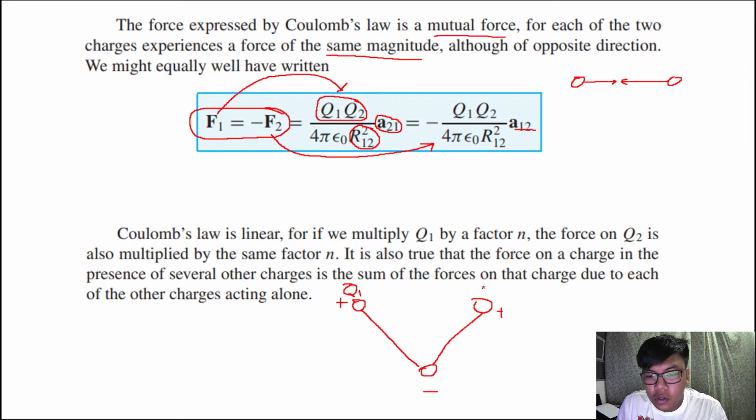Q1 tapos Q2. Si Q3 ngayon, hahatakin niya yung dalawa. I-attract niya yung dalawa. So, si Q1 is attracted by Q3 and Q2 is attracted by Q3. So, meron ka ngayong force on Q1 tapos force on Q2. Di ba? Yun yung dalawang force na yun.